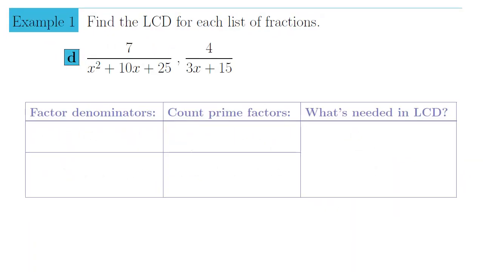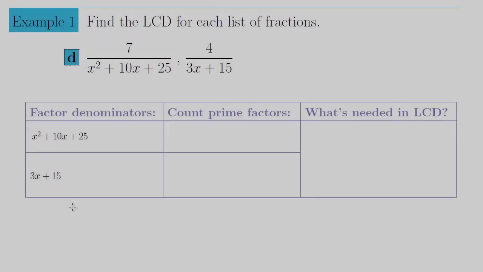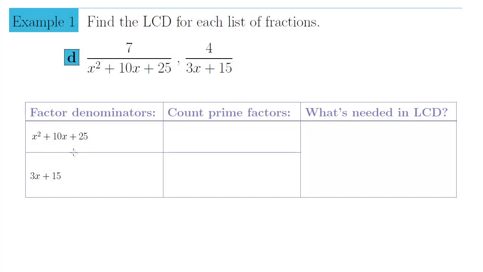Continuing on, example 1d. Find the LCD for the list of fractions 7 over x squared plus 10x plus 25 and 4 over 3x plus 15. As before, we begin by factoring our denominators, in this case two polynomials. The first denominator, x squared plus 10x plus 25, is a trinomial, and that factors as x plus 5 times x plus 5.